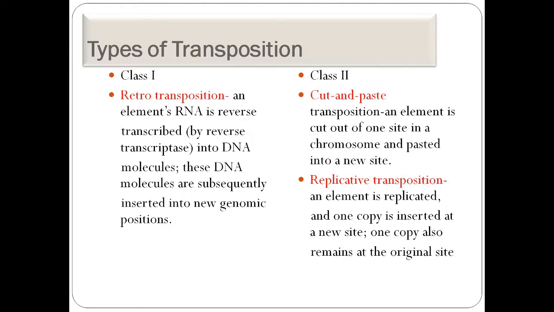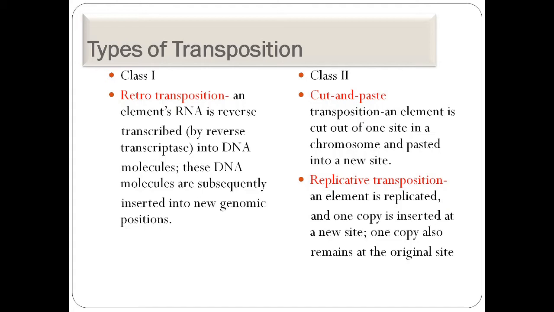Now next is the types of transposition. There are two types, class 1 and class 2. Class 1 is for retrotransposition. Retro means what? RNA based. Retrotransposomes work by an RNA based mechanism. RNA is present, and by the reverse transcription mechanism, an RNA complementary strand is synthesized.